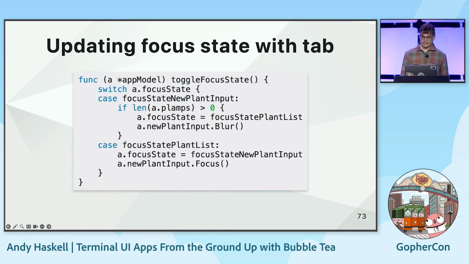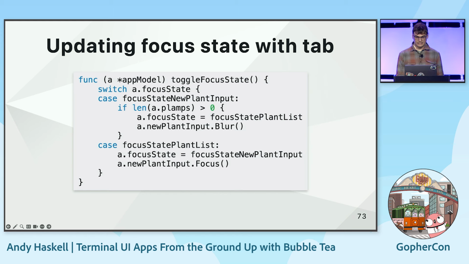So here's the implementation of toggleFocusState. If we're in the new plant input currently, then we toggle focus state to the plant list. And if we're in the plant list currently, then we toggle the focus state to the new plant input.